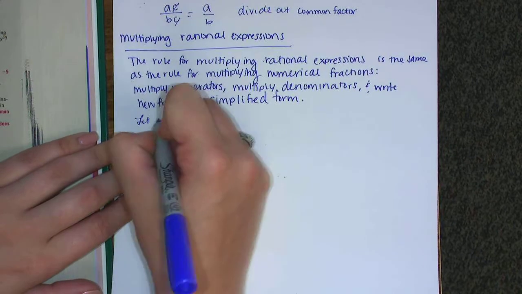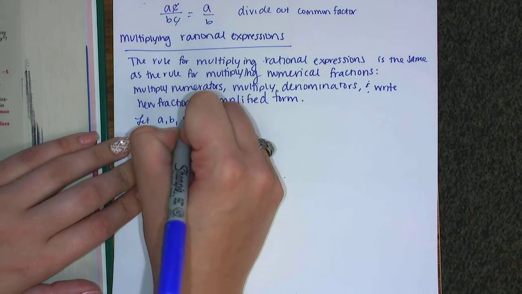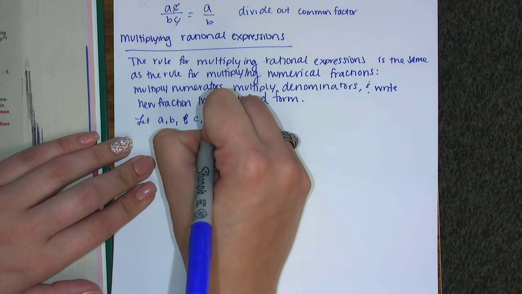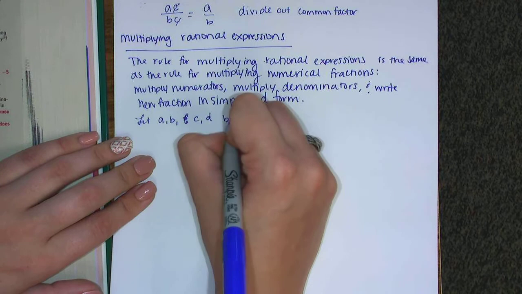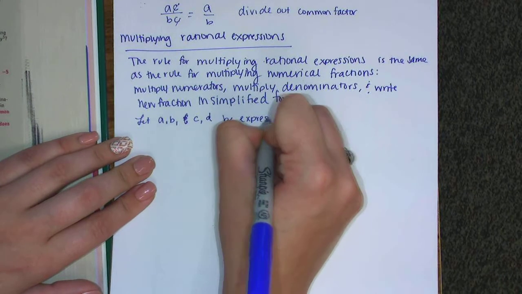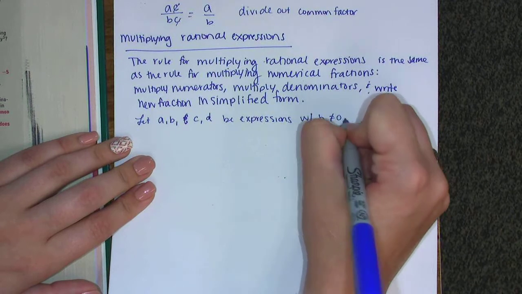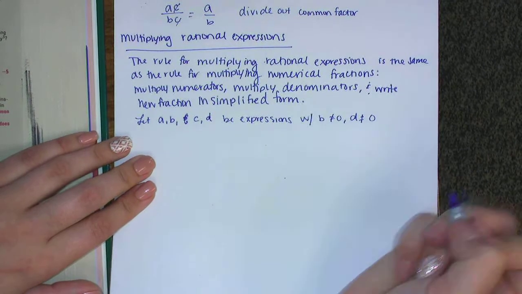So let A, B, C and D be expressions with B not equal to 0 and D not equal to 0.